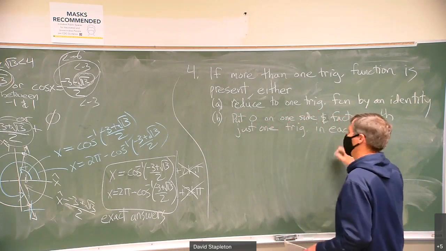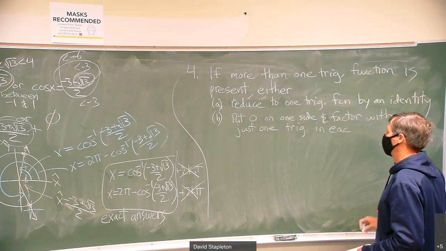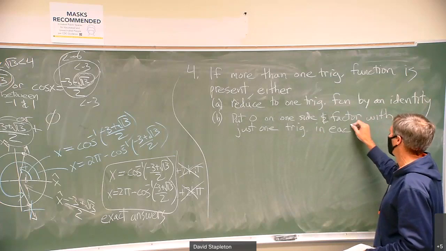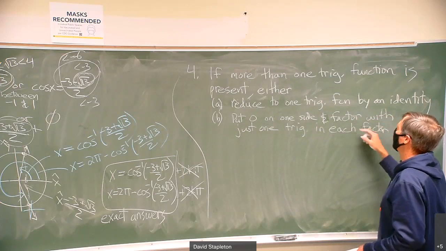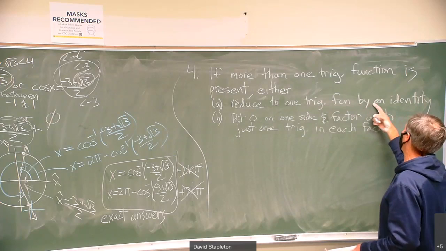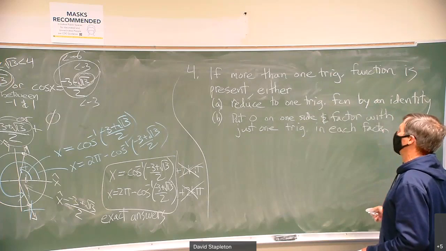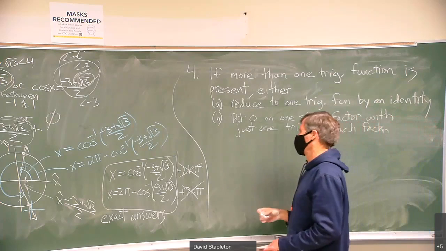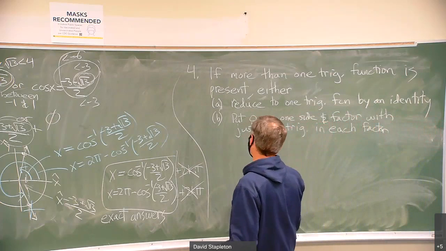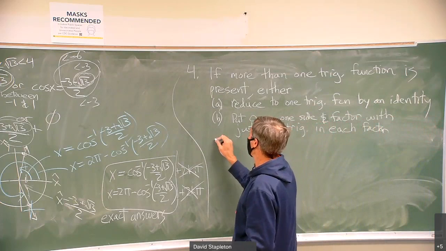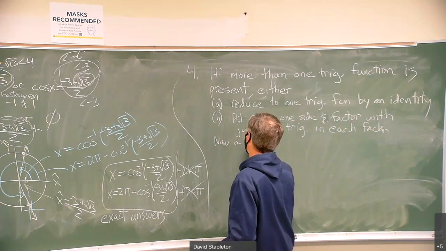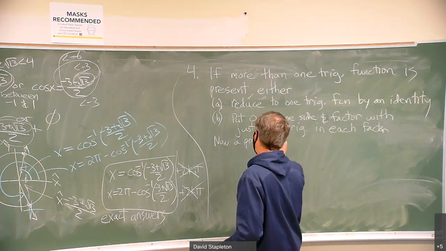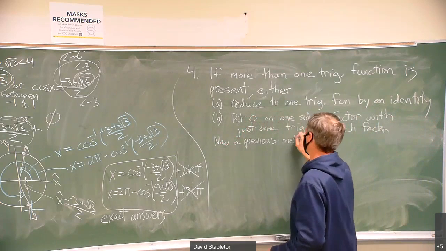But if you do that, then you can reduce it to method 1 or 2. So if you reduce it to one trig function by any method, or if you put 0 on one side and factor with one trig function in each factor, now a previous method applies. 1, 2, or 3.